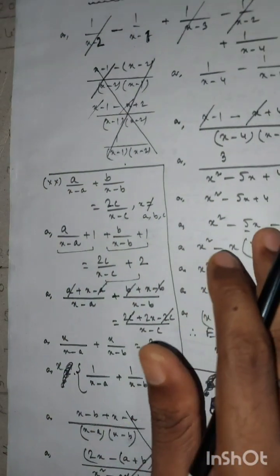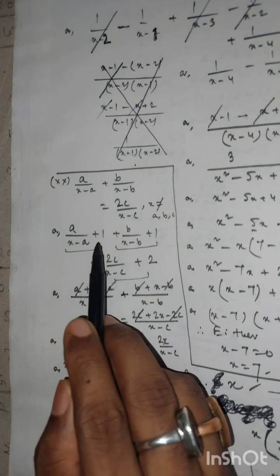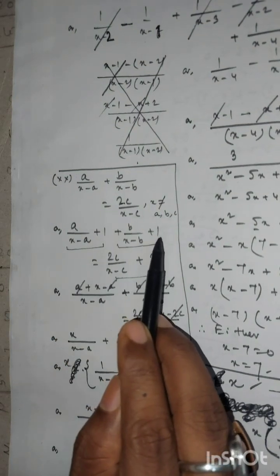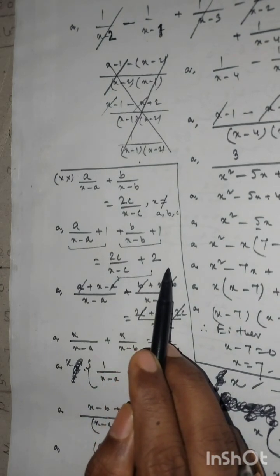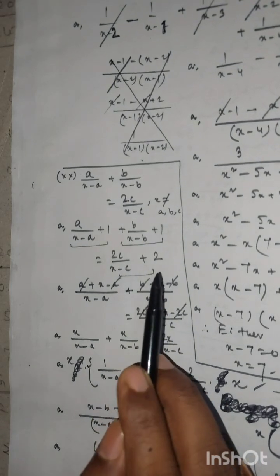Let me explain it again. So this was the question. Now we are taking plus 1 and plus 1 to the left side, and we are taking plus 2 to the right side. We can add same numbers to both sides of the same equation.